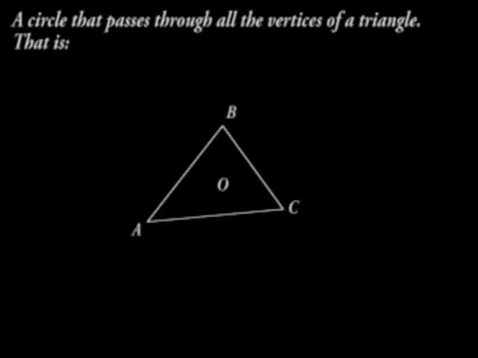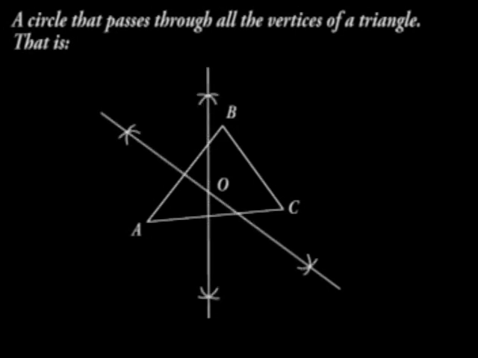A circumscribed circle is a circle that touches all the vertices of a triangle, and to construct this, simply bisect any two sides of the triangle and the point of intersection of the bisectors is the center of the circle.